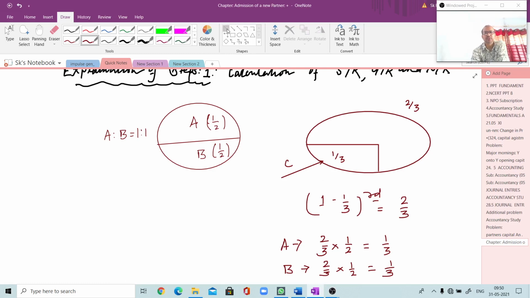Now here A is one third, B is one third.